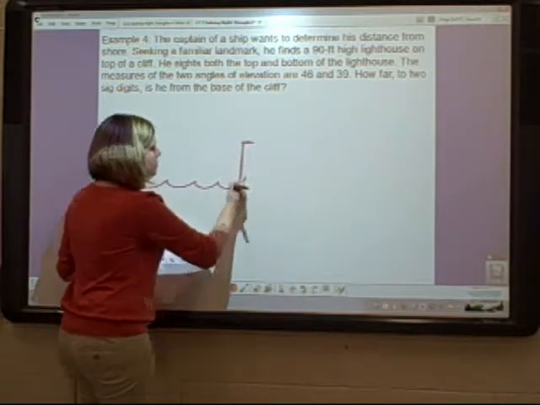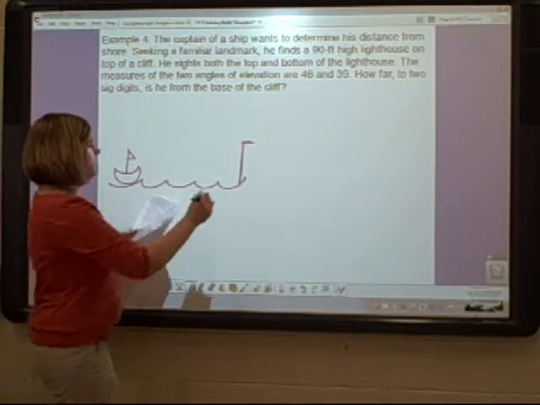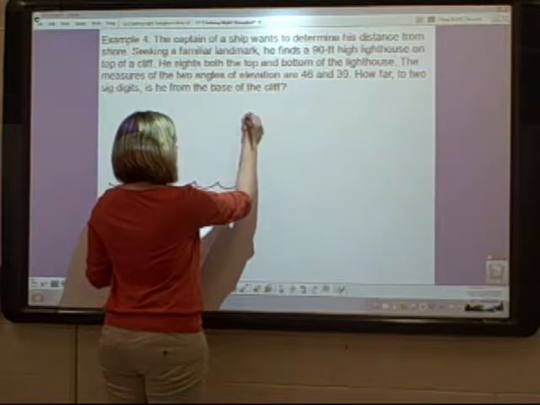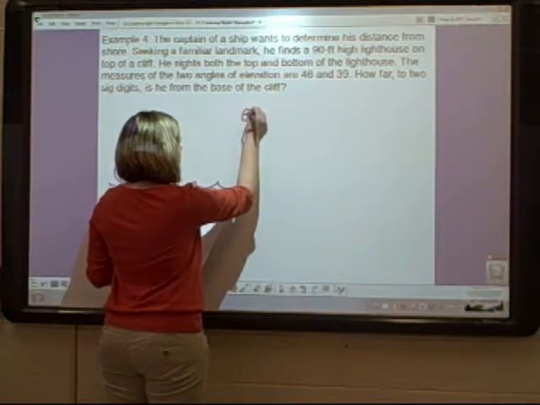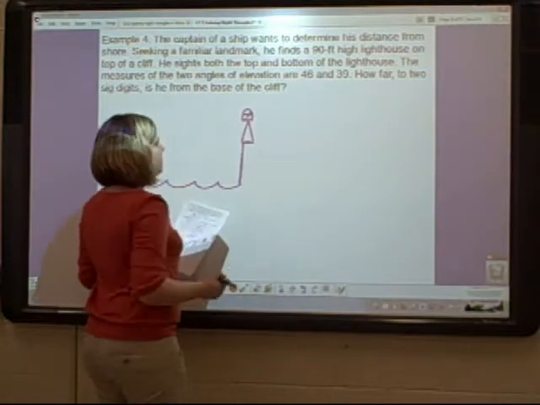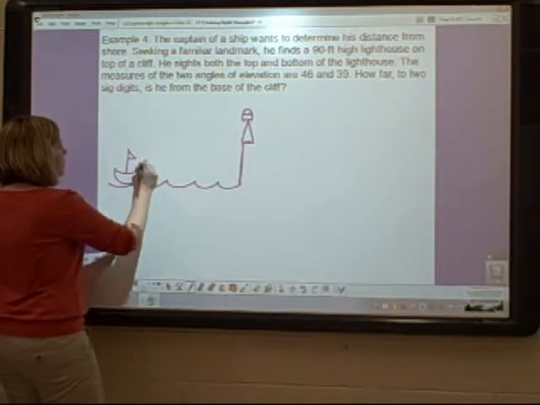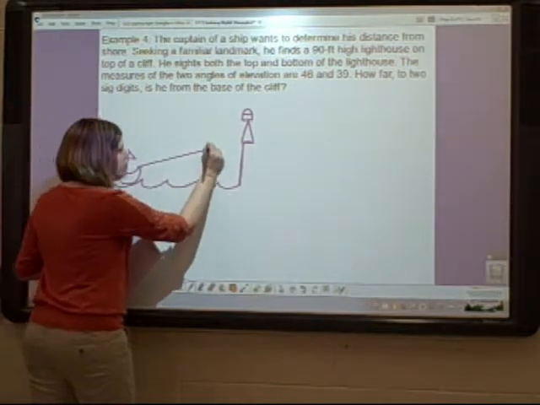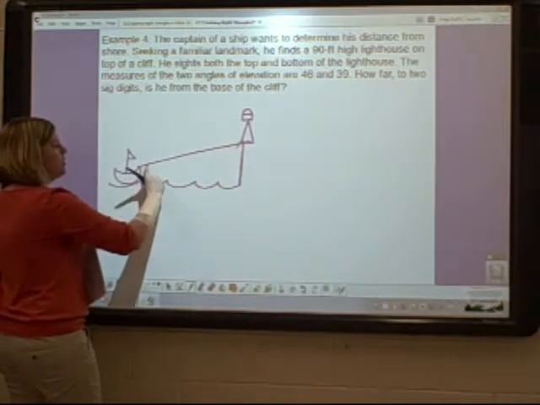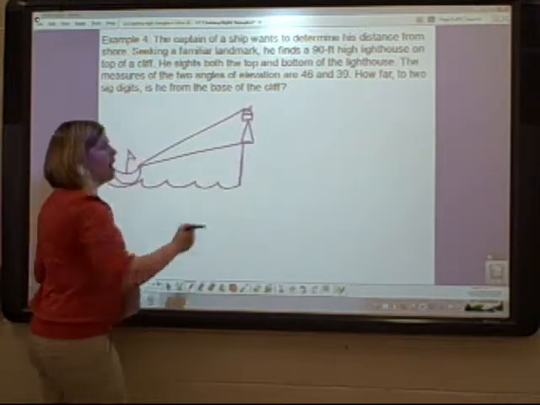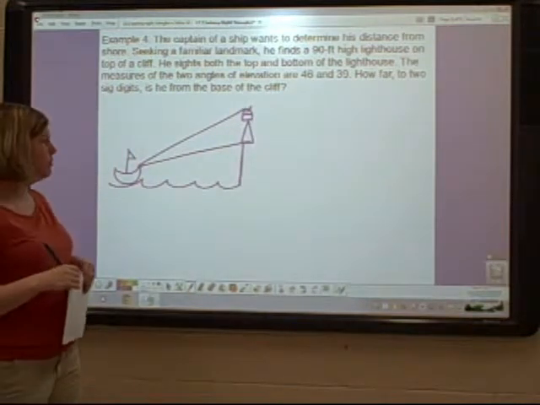And he's looking at a lighthouse. Kind of looks like a lighthouse. And he's looking at the bottom of the lighthouse, and he's also looking at the top of the lighthouse. He can see both of those.